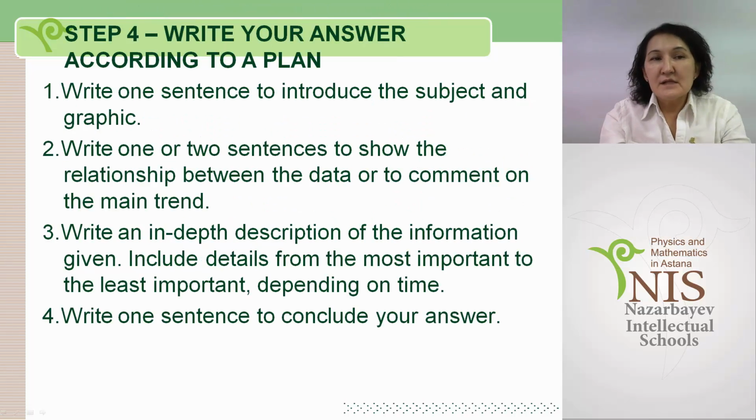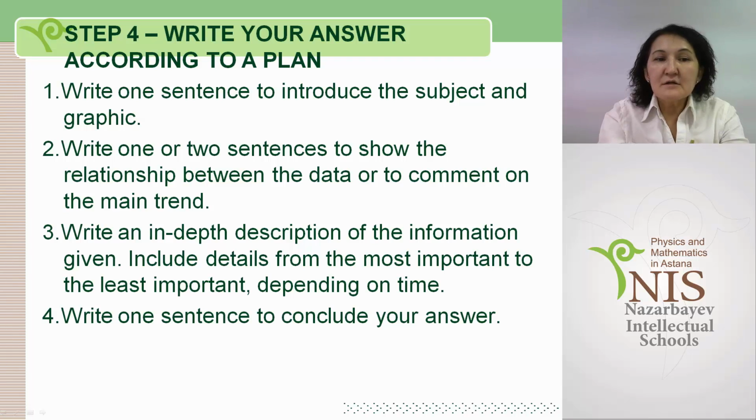And step 4 is, it is necessary to write your answer according to a plan. First, you should write one sentence to introduce the subject and graphic. Second, write 1 or 2 sentences to show the relationship between the data or to comment on the main trend.